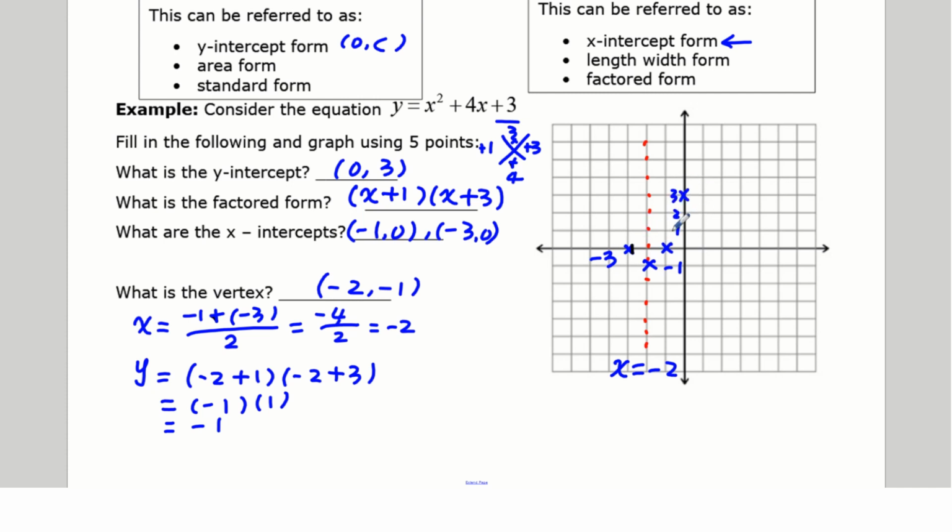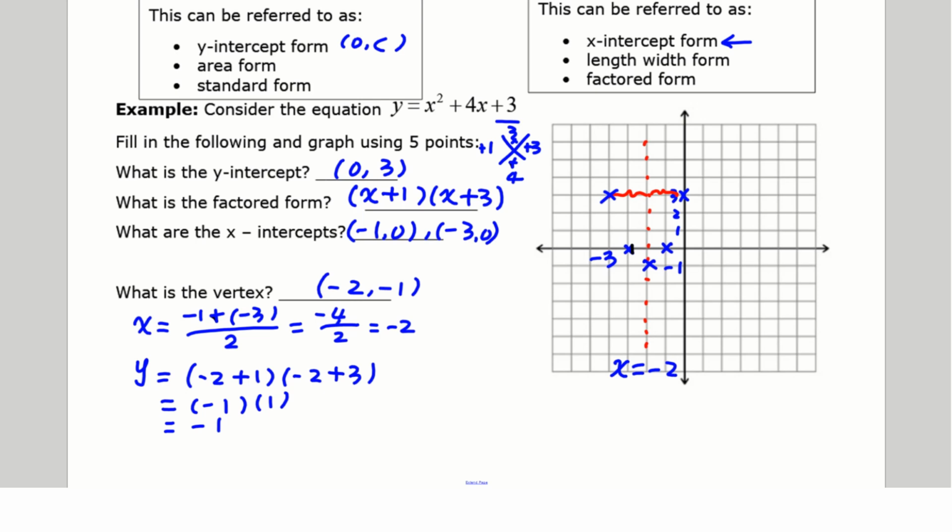We have 4 points. We want to find the 5th point. We use a symmetric point of the y-intercept. So this is right 2, then we go left 2, and you have this symmetric point here. Okay, so this point is -4.